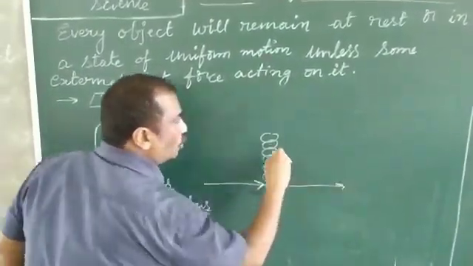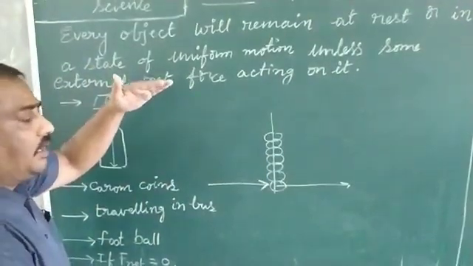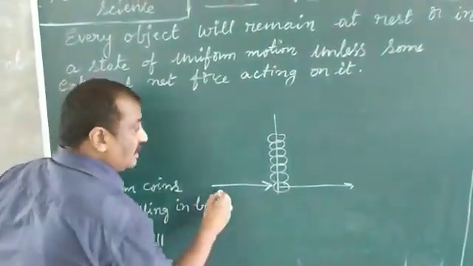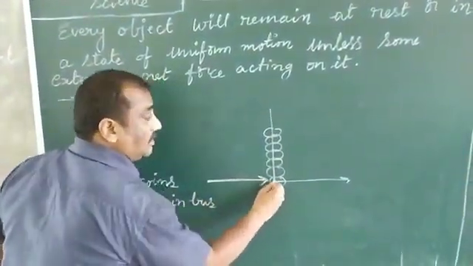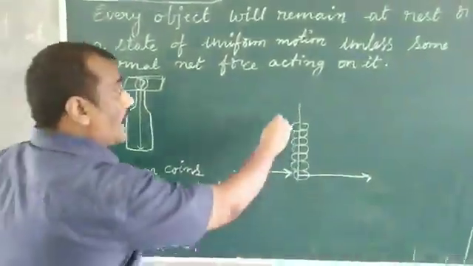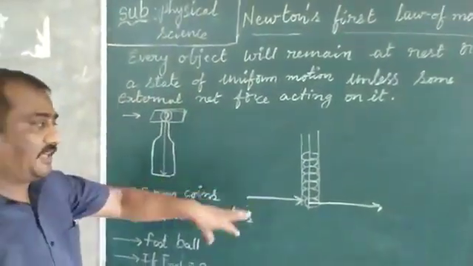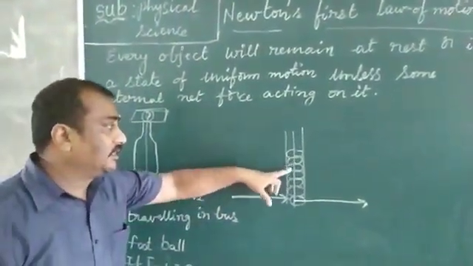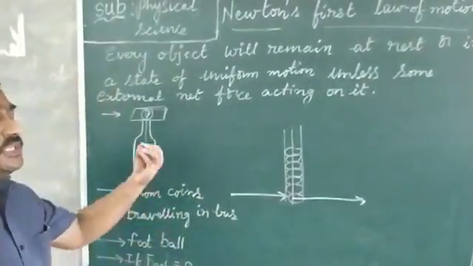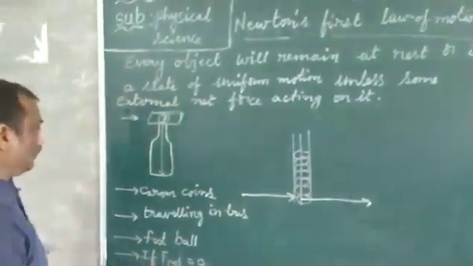This coin will move, and the stack, that means the group of coins, will remain like that only, because when we hit this one, this is in motion. But the remaining coins will be in a state of rest. That means the coins continue in a state of rest, even though one of the coins is moving.